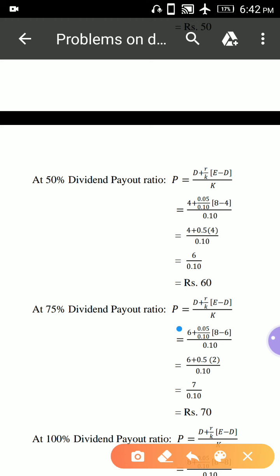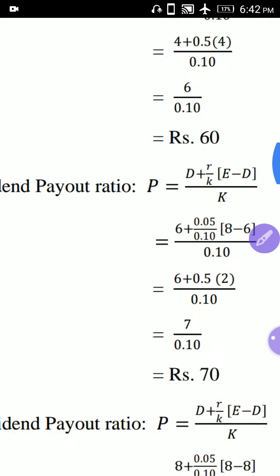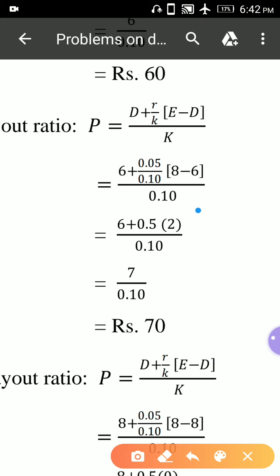Okay, next at 75% dividend payout ratio, the dividend will be 6 rupees, and the R value will be 0.05 divided by K 0.10, into E 8 rupees minus dividend 6 rupees, divided by 0.10. Now 6 plus 0.05 divided by 0.10 is 0.5 into 8 minus 6, that is 2. So 0.5 into 2 is 1, 1 plus 6 is 7, 7 divided by 0.10 is 70 rupees.